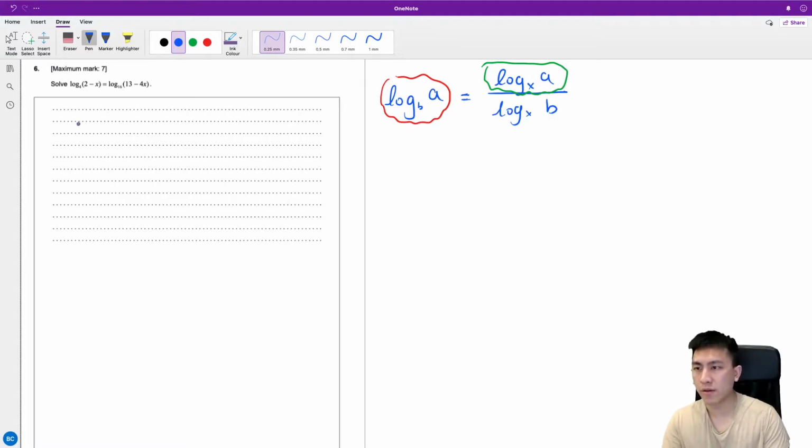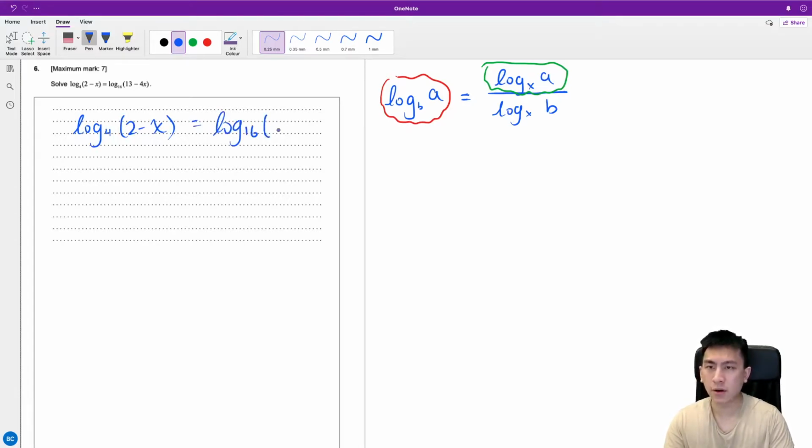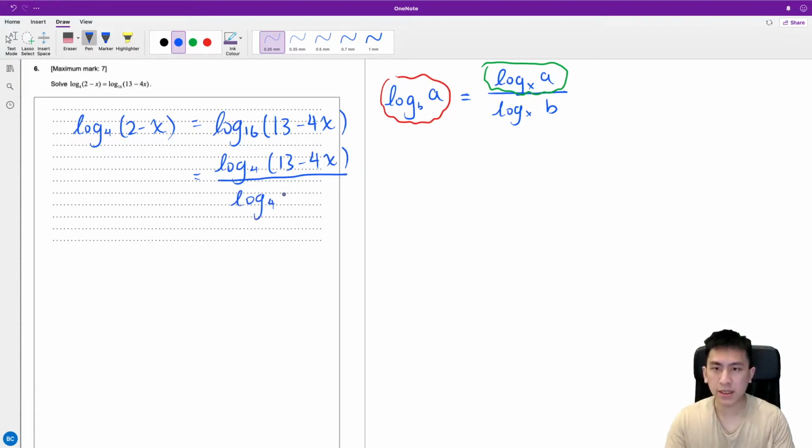So okay, look, let me just copy down the thing. You have log base 4 of 2 minus x equals log base 16. And as I said, it's always easier to go from the bigger base to the smaller base. So we're going to do exactly that. I want to change it to log base 4 of that, so I have to compensate by dividing by the log of the old base, which is 16.